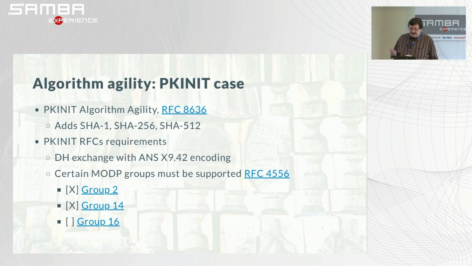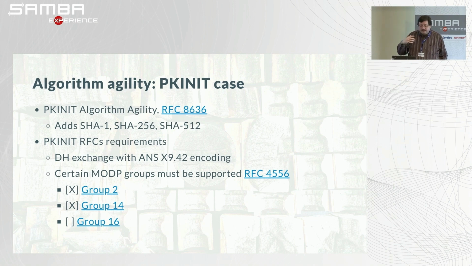There is an RFC which says that, yeah, you can make a choice. SHA-1 is not necessary, you can do SHA-2, SHA-256, SHA-512, and so on. And you supposedly need to implement this in the implementations. And if they do, then they say, okay, I support this, this, and this, and let's agree on something.